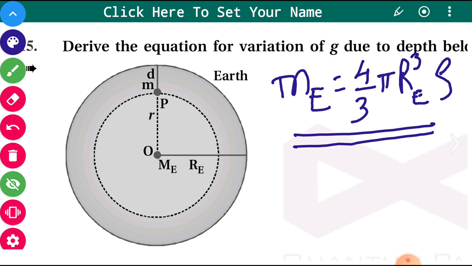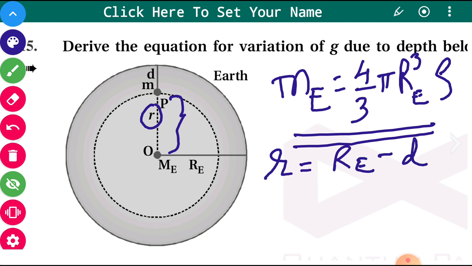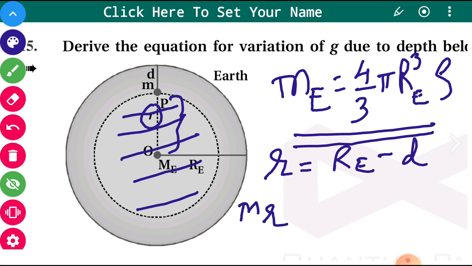Okay. Now this distance small r, which is denoted here, is r equal to Re minus D. And if you want to find the mass of this small sphere, that is mr, then that mass will be 4 by 3 pi small r cube into rho.